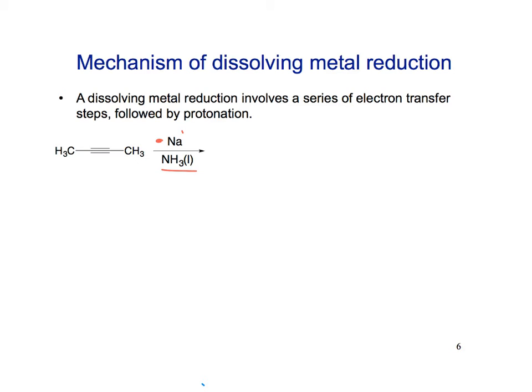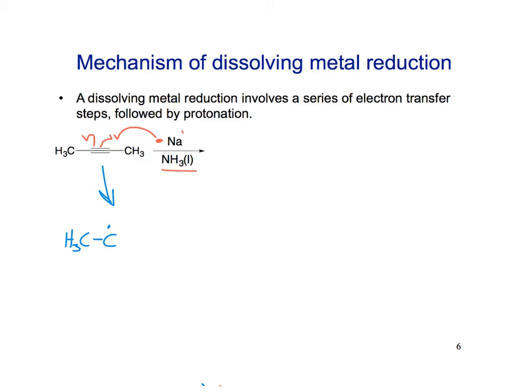The first step of the dissolving metal reduction is for sodium to donate an electron to the alkyne. So we're going to draw it like this. It's going to donate one electron, so we use a single-sided arrow. It's going to combine with one of the electrons of one of the pi bonds. The other electron of the pi bond will go to the other carbon. So this is really a reduction step of the pi bond.